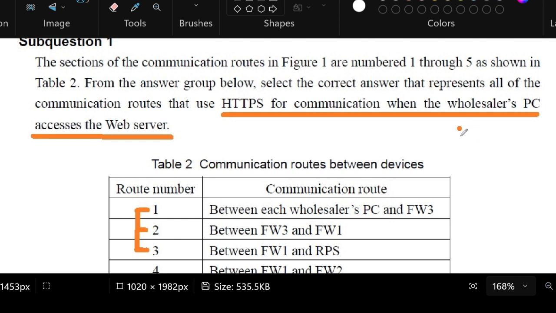And we know that HTTPS adds security to the communication route. Okay, so we need to find where the wholesaler's PC is in the diagram, and then the web server, and see how they connect to each other, right?